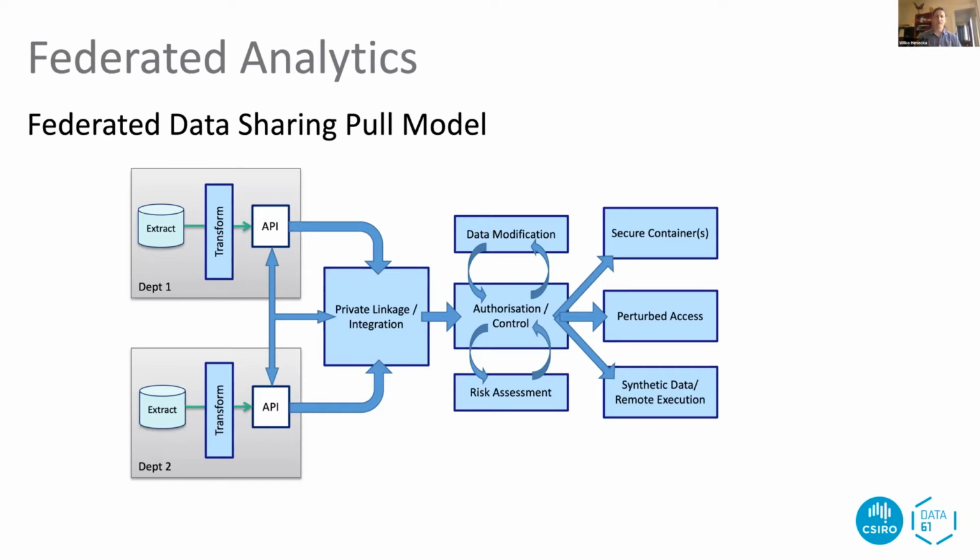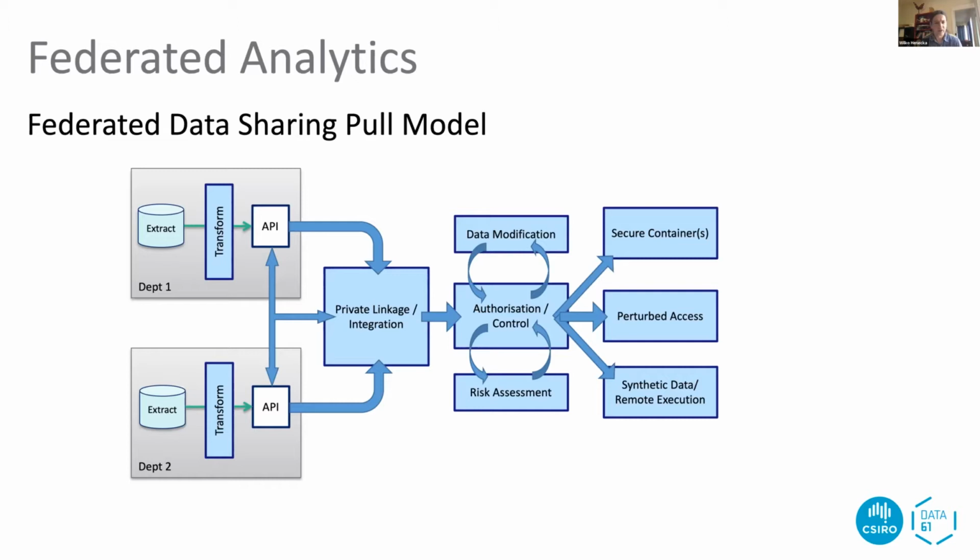Also, you need a control plane that manages authorization and auditing, and also allows you to manage risks. And then underneath is some plumbing, where you have to combine those data sets in some meaningful way.